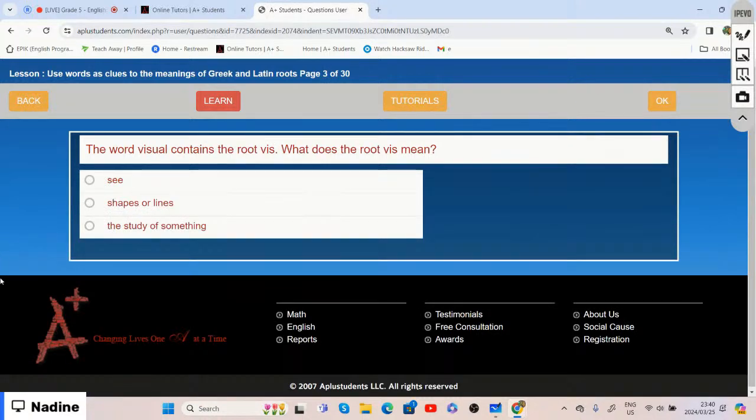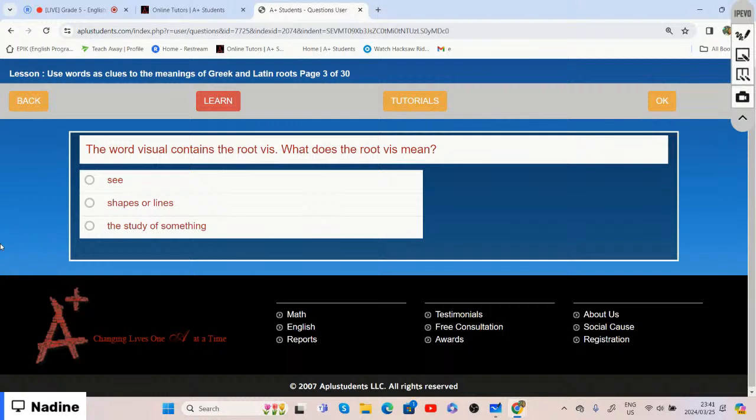All right. So the word visual contains the root vis. What does the root vis mean? If you think of visual, I think visual is usually a word that we've used many times. So is it to see, shapes or lines, or the study of something? Vis.